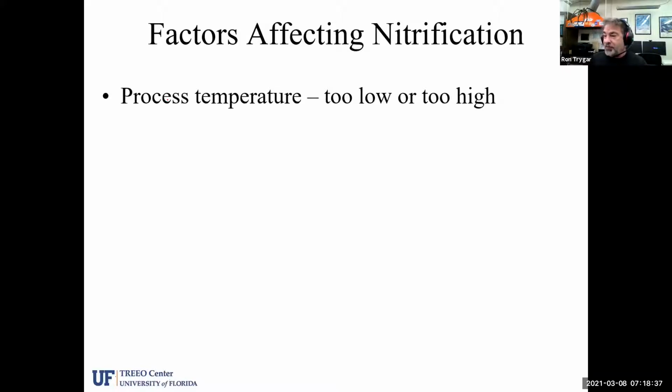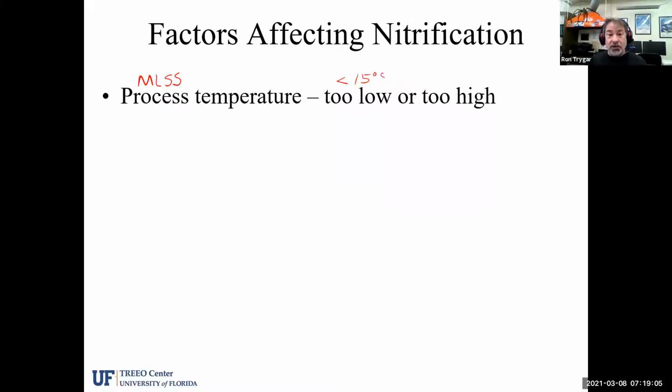The temperature, the process temperature, this is the MLSS temperature. The MLSS temperature can't be too cold or too hot. They say that we should not be below, say, 15 degrees Celsius. It might be too cold for efficient nitrification, so less than 15 degrees C. Now it will work at temperatures lower than this.